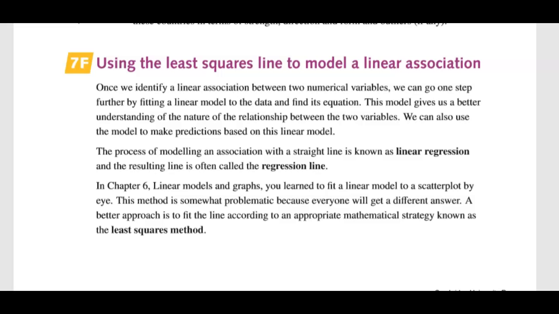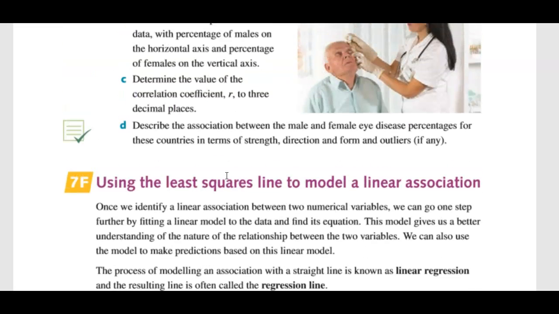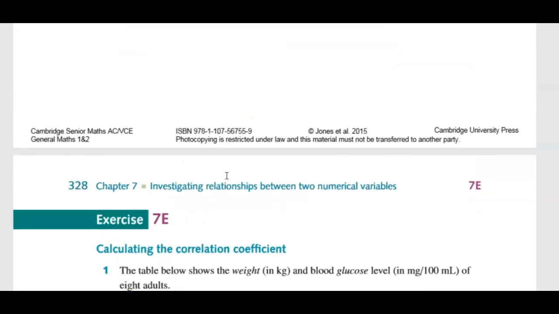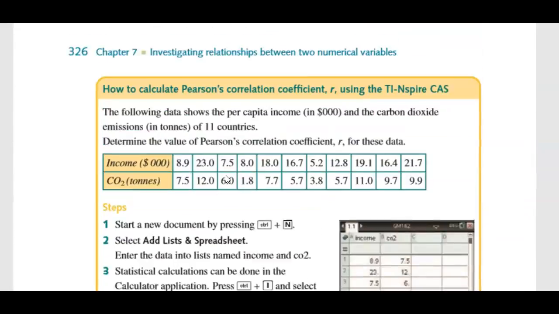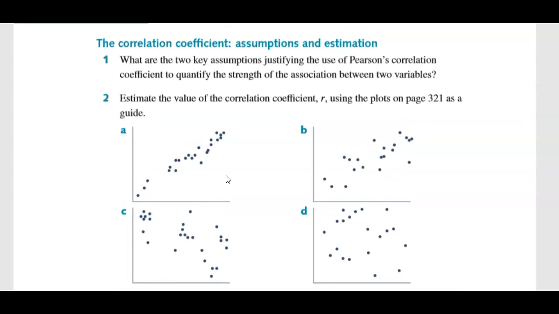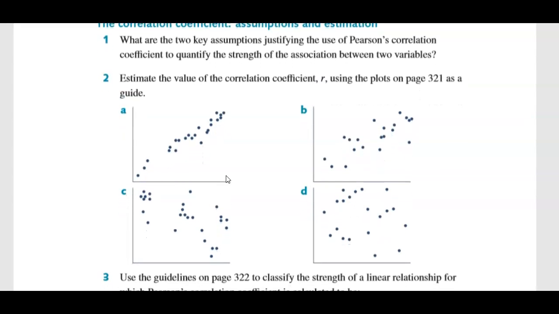Now, when we were looking at scatter plots, let's just scroll up and have a look at one. Okay, so here are some scatter plots, and you can see none of them are a straight line. But in 7D, we're looking at what the strength of the association between these two variables would be.